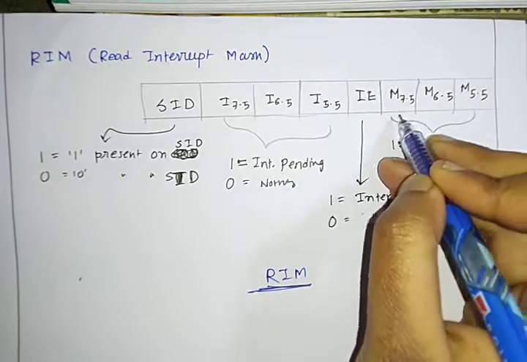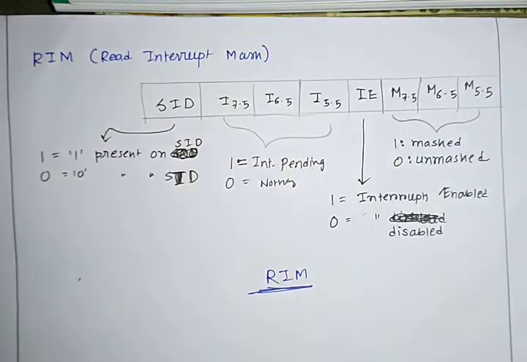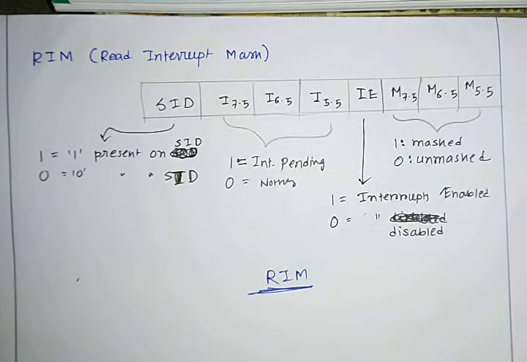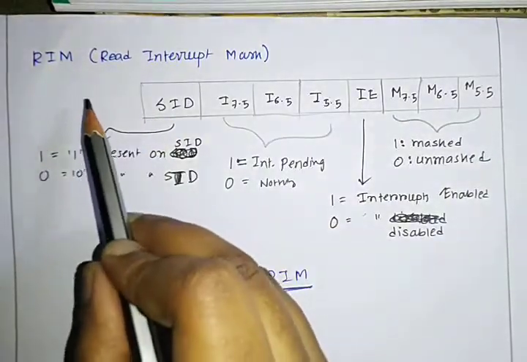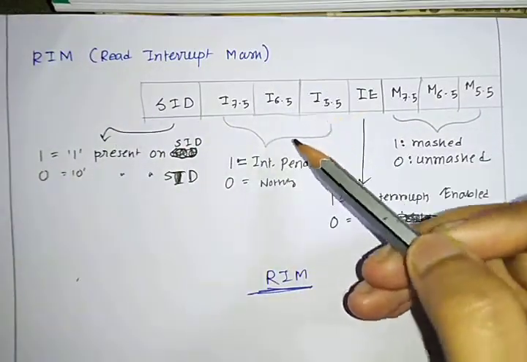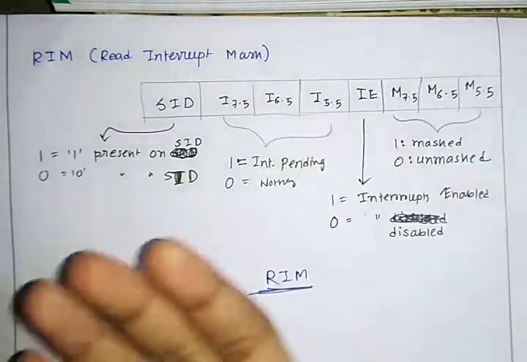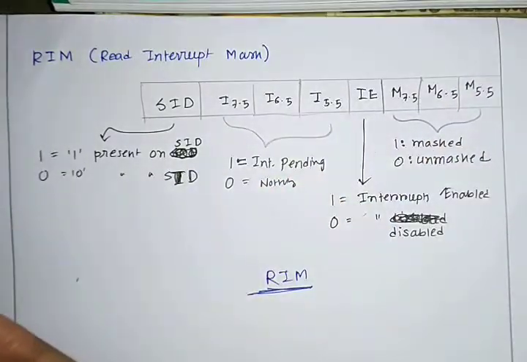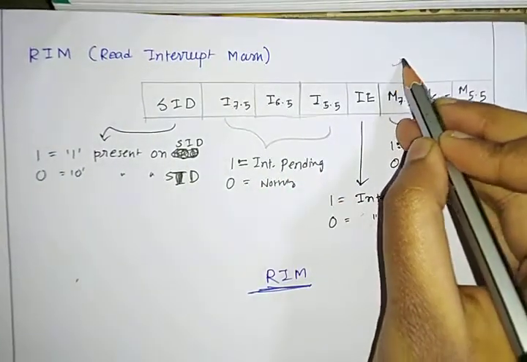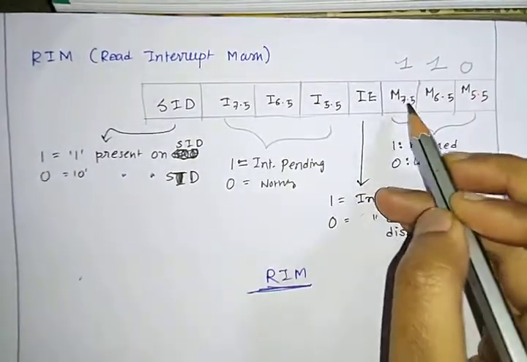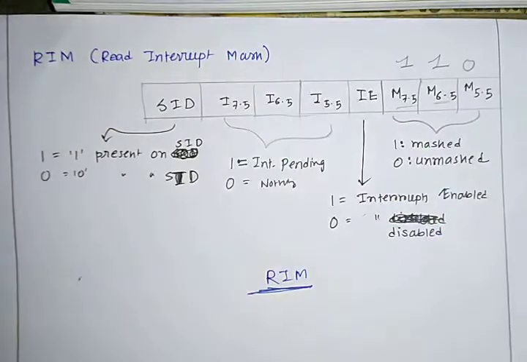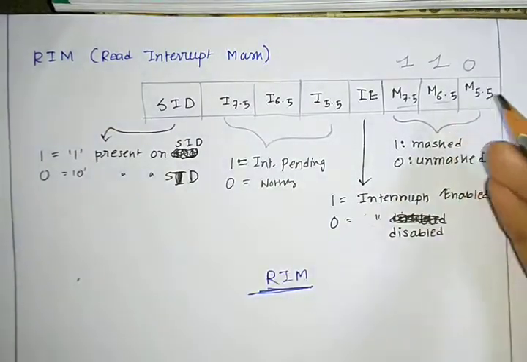Then if any of these bits are 0 or 1, according to that you can understand whether that interrupt is masked or not. So using the RIM instruction, you are not performing any operation, you just want to see your data. If the processor shows you that this is 1 1 0, it means the 7.5 and 6.5 interrupts are masked and this one is not.